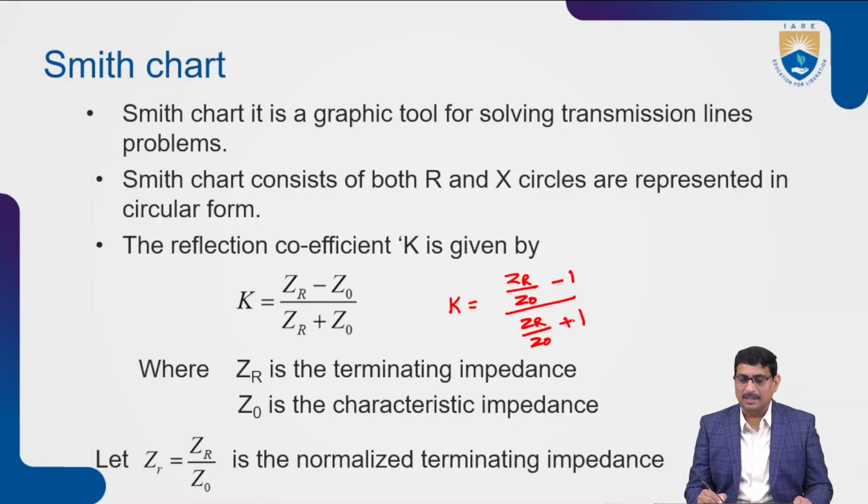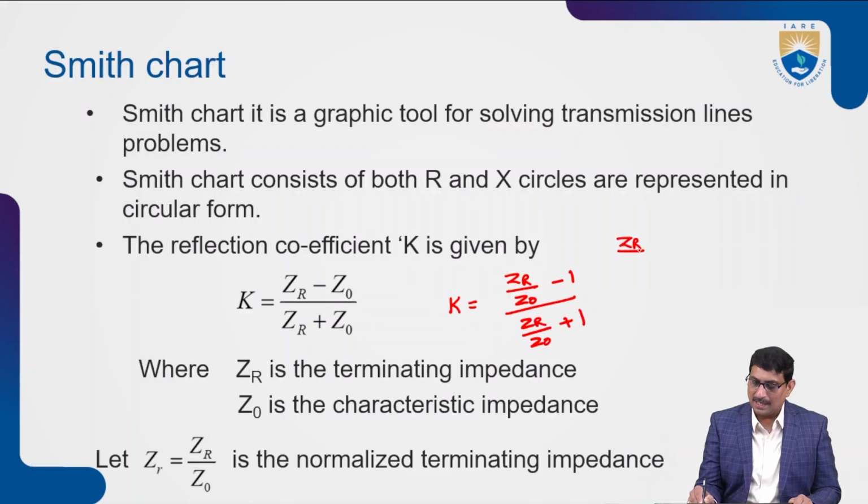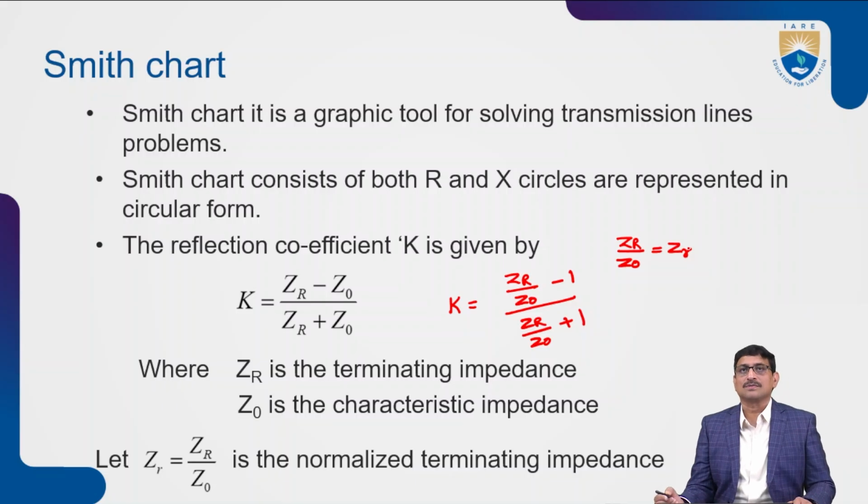I will assume ZR by Z0 as the normalized terminating impedance. So I am taking the load impedance, the terminating impedance, with reference to Z0. Therefore, I am assuming ZR by Z0 as the normalized terminating impedance, Z suffix small r.